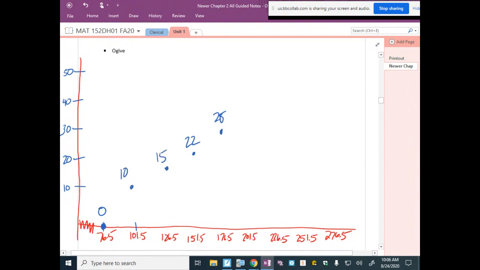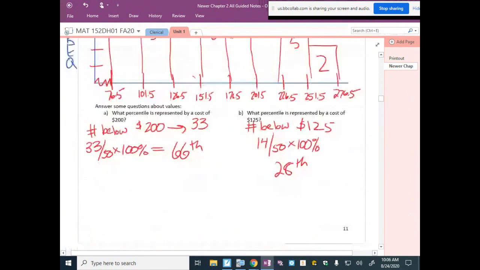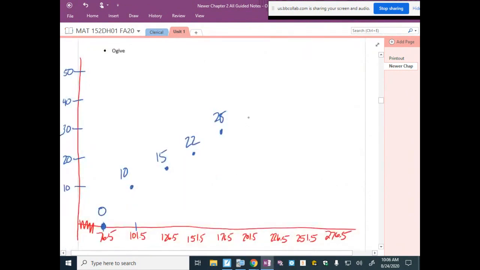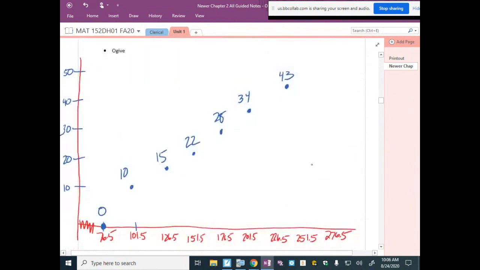I don't know, there's worse things to be insane over. 34, 43. In fact, I don't even think I have you making an ogive on your test. I've already written your test. $48 and $50. And then we connect the dots, and you get something like this.